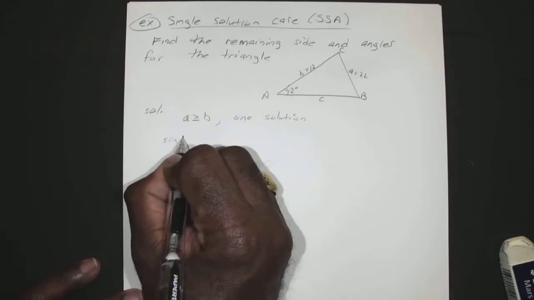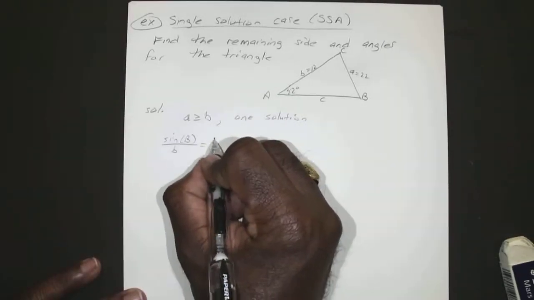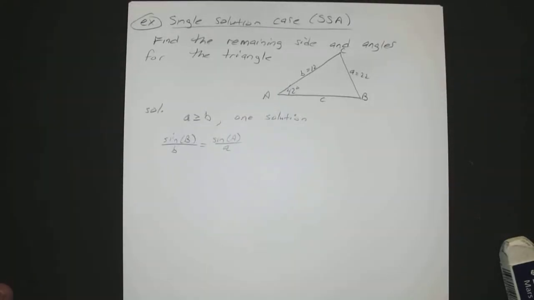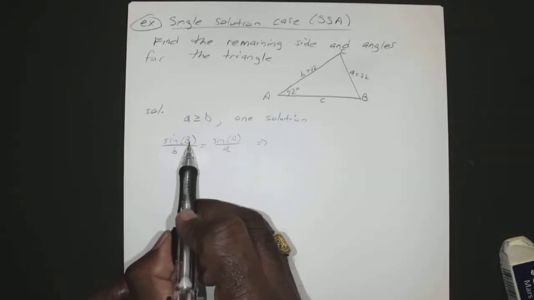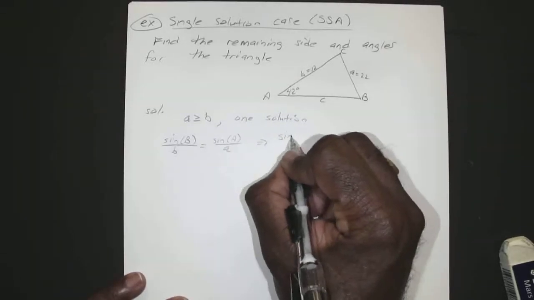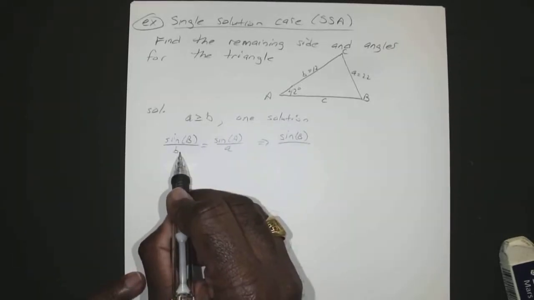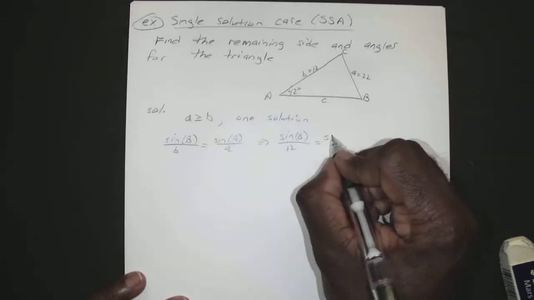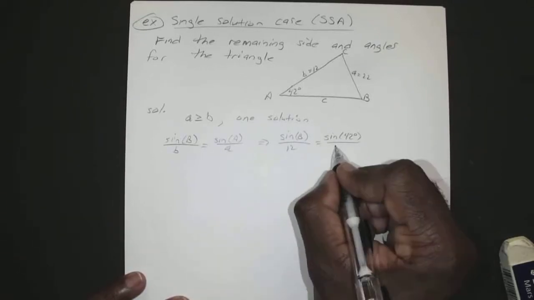Let's say we have sine of B over B equals sine of A over A. Sine of B, we don't know what that angle is, so we just leave it as sine of B over side B, which is 12, equals sine of A, which is 42 degrees, over side A, which is 22.